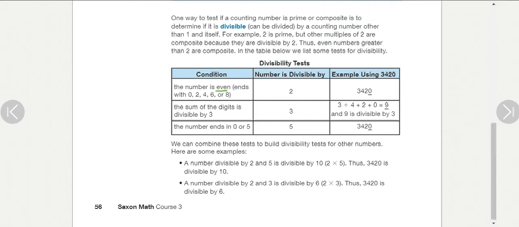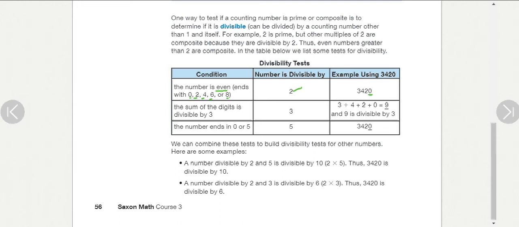So in the condition that the number is even, that means we can put 2 into it. You can know a number is even if it ends in 0, 2, 4, 6, 8. So ends in one of the even counting numbers between 0 and 10. Such as 3,420, we know we can divide 2 into because it's an even number.